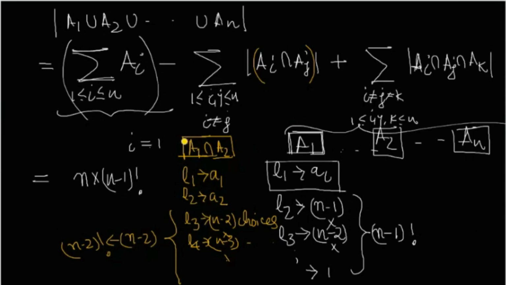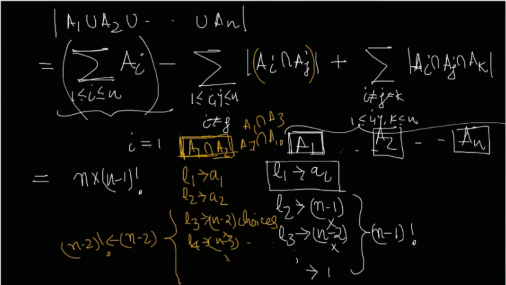But then this is one of the cases, and I need to sum over all i, j, right? In one particular A1 intersection A2, which is one particular case, I have (n minus 2) factorial choices. But then how many of them will I get? I can also have A1 intersection A3, A7 intersection A10, and so on.